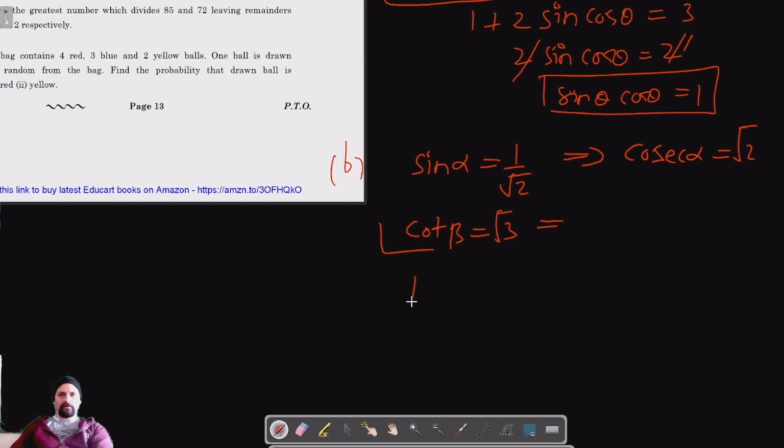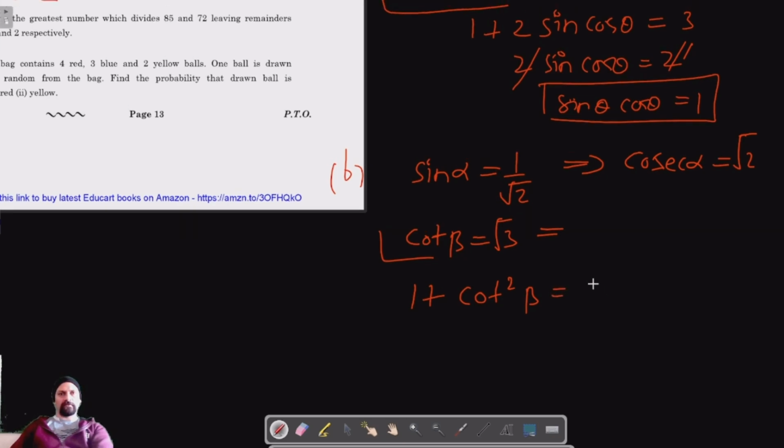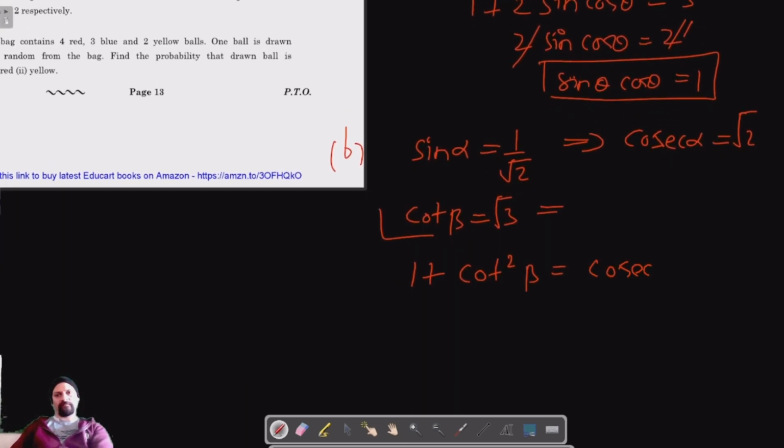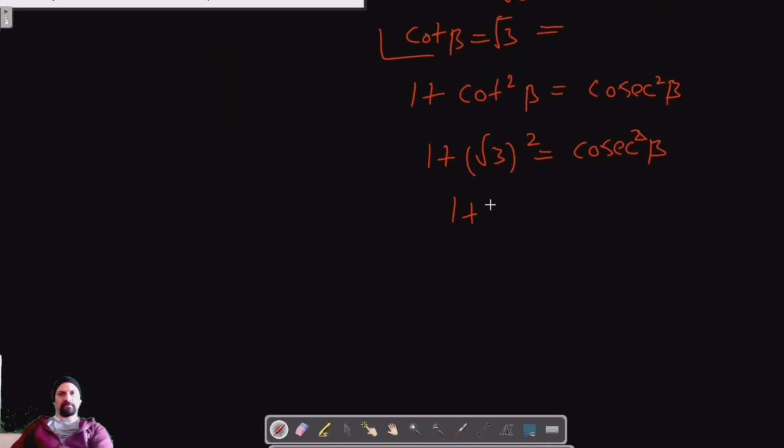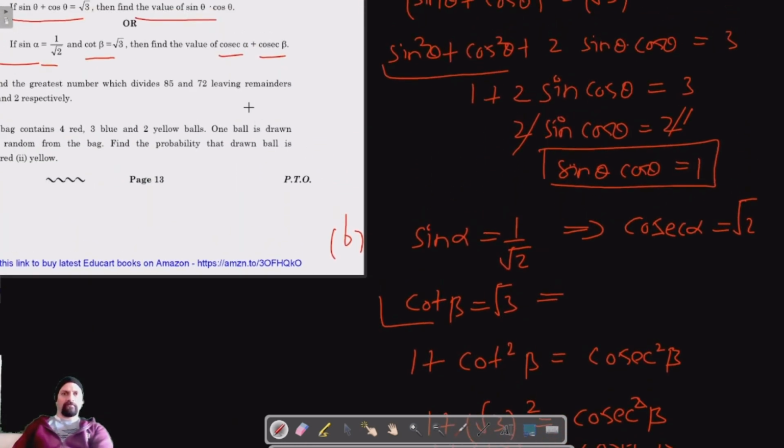And we know that 1 plus cot square beta gives us cosecant square beta. Let's put in the value of cot beta, which is root 3, the whole square. So this is 1 plus 3, which is 4, equal to cosecant square beta, and cosecant beta is the root of 4, which is 2.